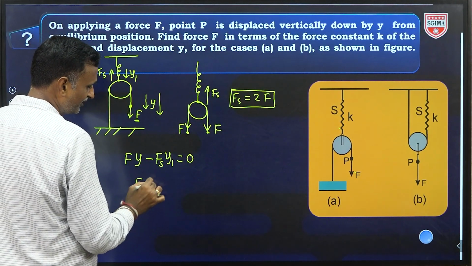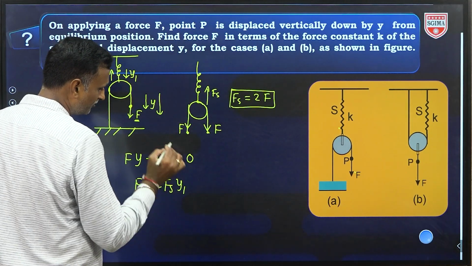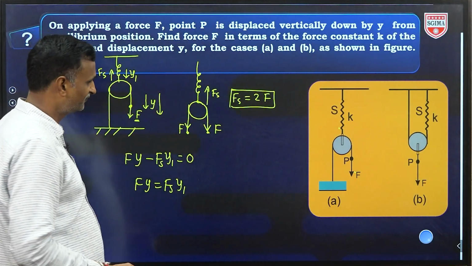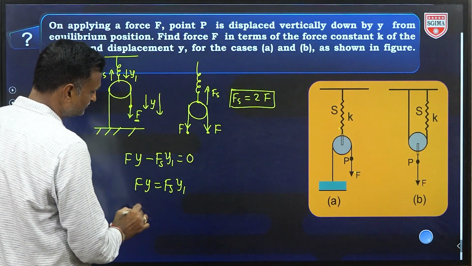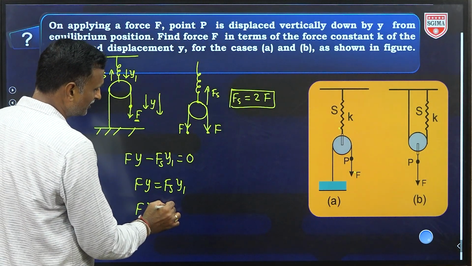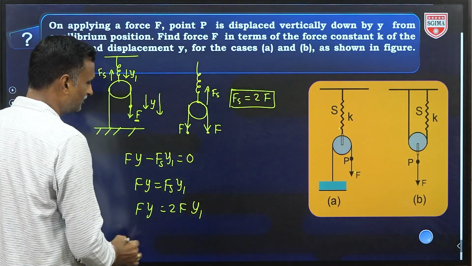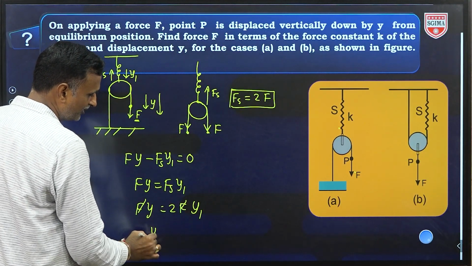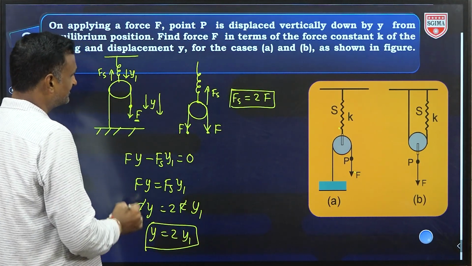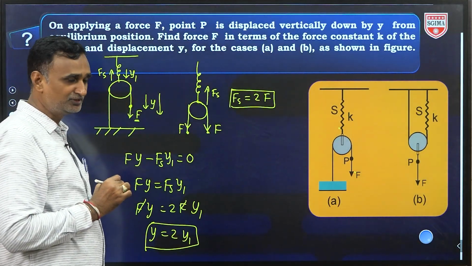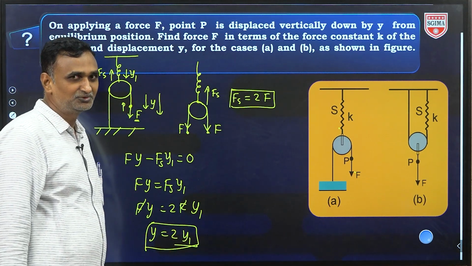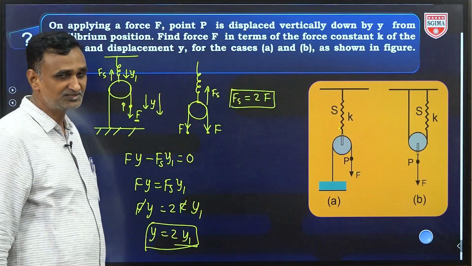Now Fy equals Fs y1. Here Fs equals 2F, so y equals 2F times y1 over F. F cancels, so y equals 2y1, which means if the displacement of the point on the spring is y1, then point P is displaced through 2 times y1. This is the relation we obtain from the constraint relation.